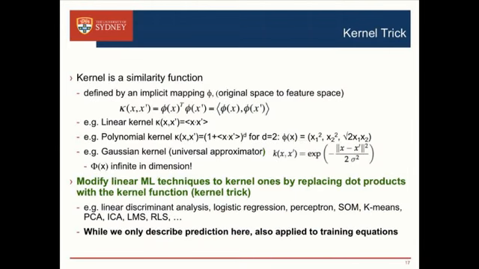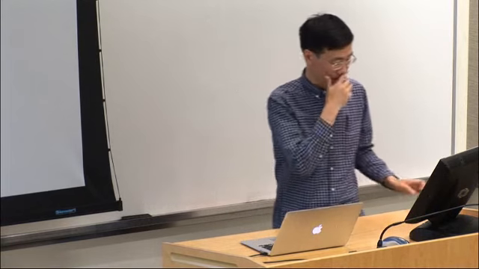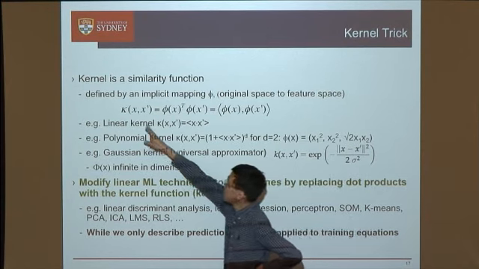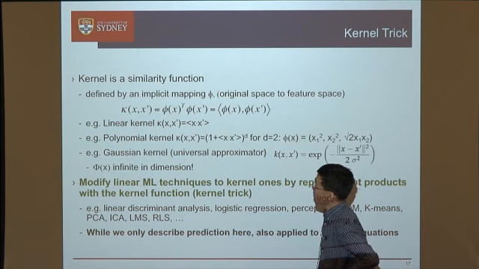And so there's one other idea that we use in kernel methods called the kernel trick. So the kernel is a similarity function. You can think of it as comparing two vectors. And so if I have two vectors x and x prime, then actually the kernel function is defined in this way.